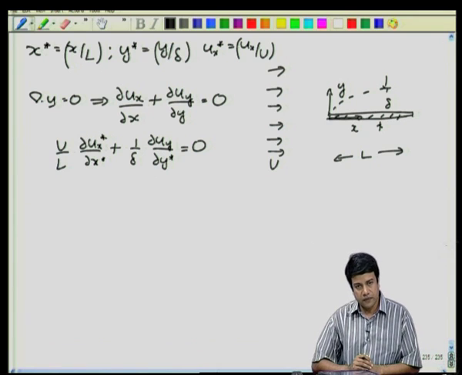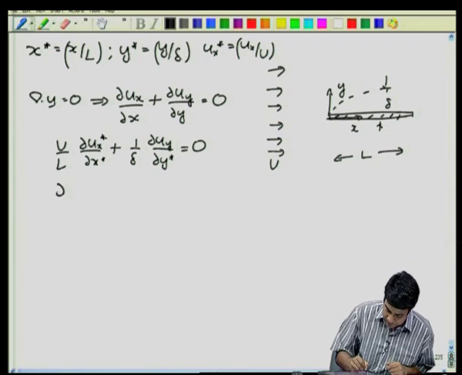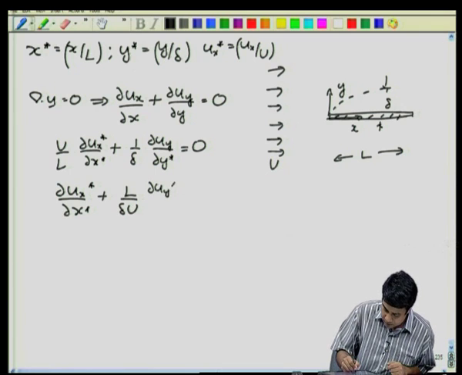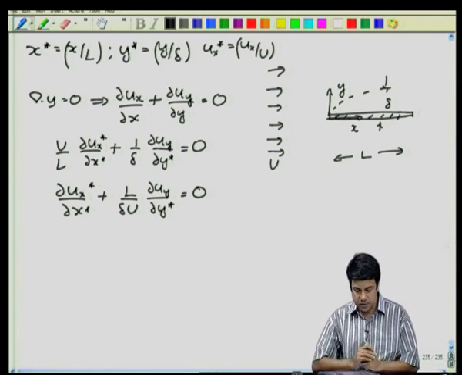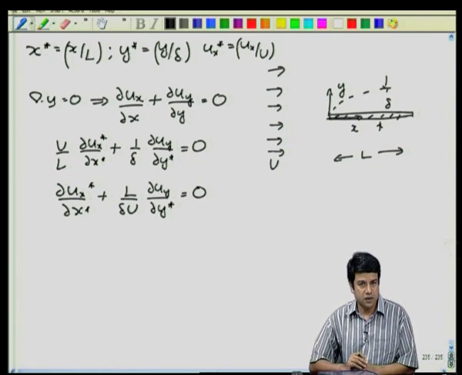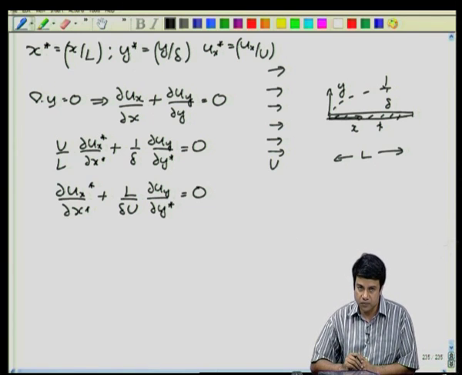Divide throughout by the prefactor of the first term, that is the simplest thing you can do, and you will get partial ux by partial x plus L by delta U partial uy by partial y is equal to 0. Now, all terms in the equation here are dimensionless except the uy term.